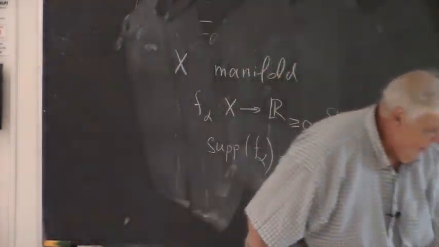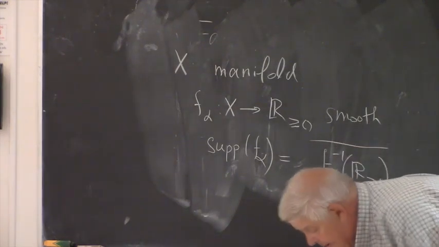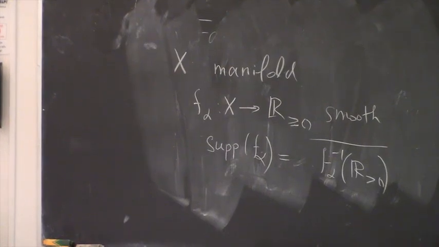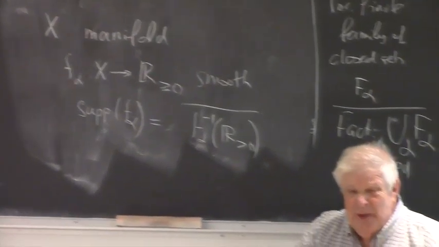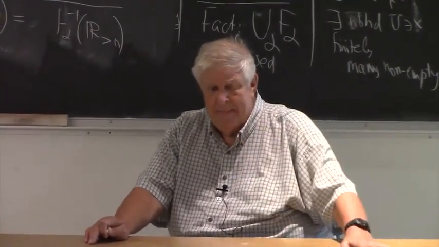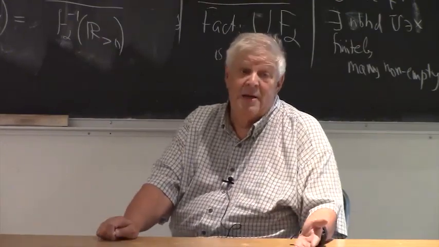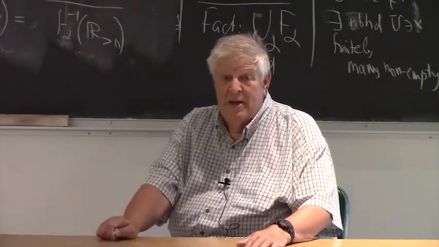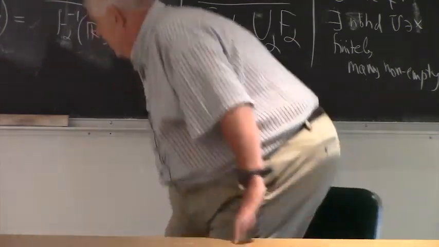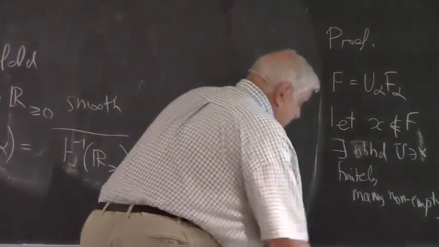So the support is the set where the function is not zero, and moreover, if a point does not belong to the support, then in some neighborhood of this point the function is zero. It is a closed set by construction. Also, the family of these closed sets can be locally finite. Why not?